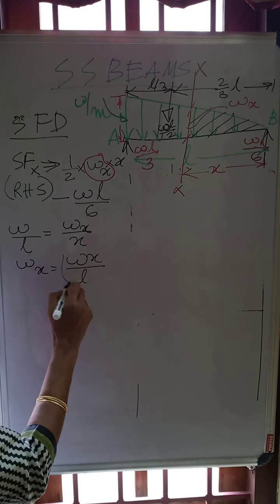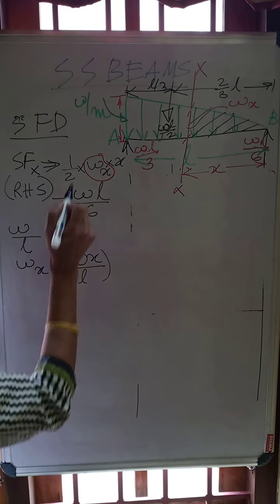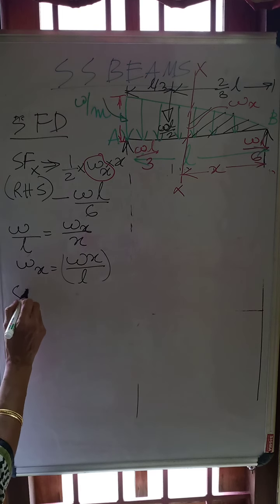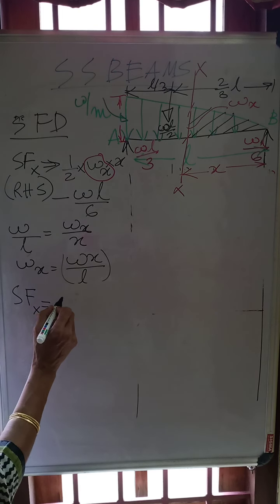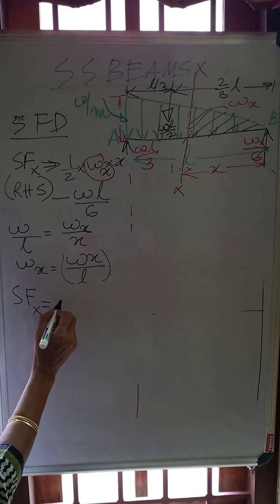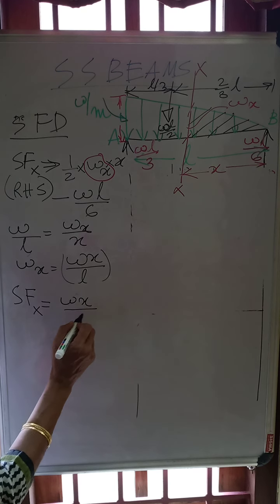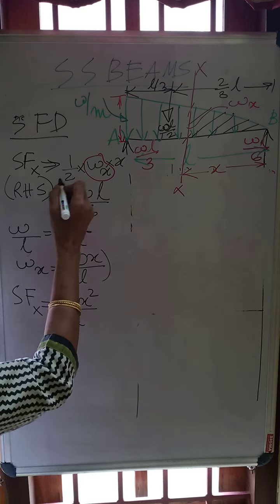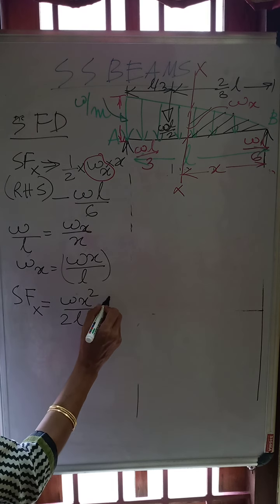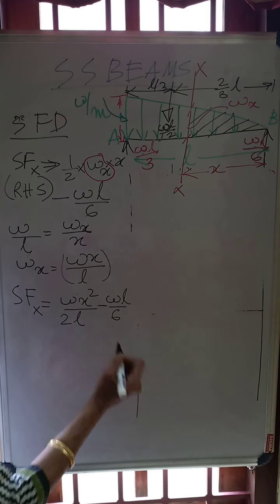You can back substitute over there. So your shear force at any section x is equal to wx squared by L by 2 minus WL by 6.